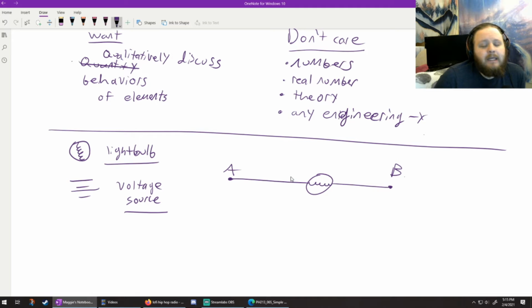Brightness in a light bulb, from a physics perspective, a light bulb is a pretty ohmic looking device. It is a resistive device. So if you're familiar with the language of resistors, a light bulb acts just as a resistor will. But it is a resistor that physically demonstrates to us what the power dissipated across it is by being bright.